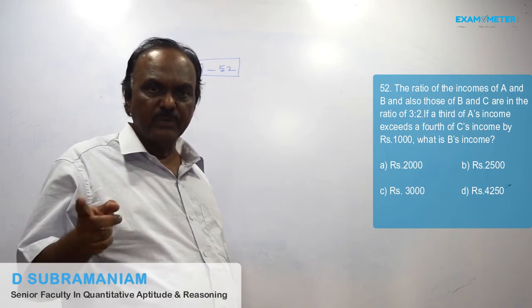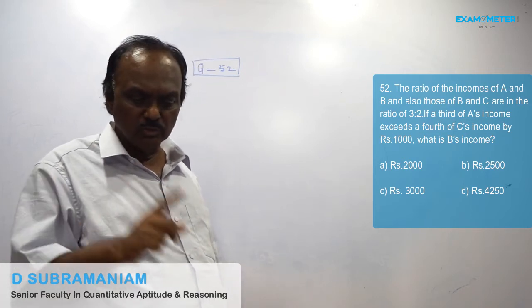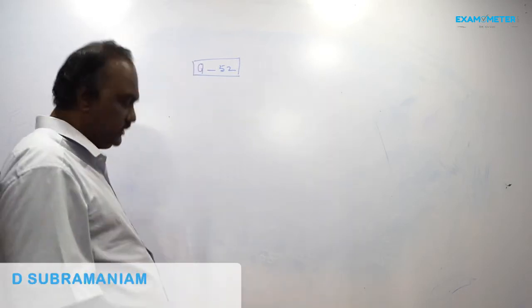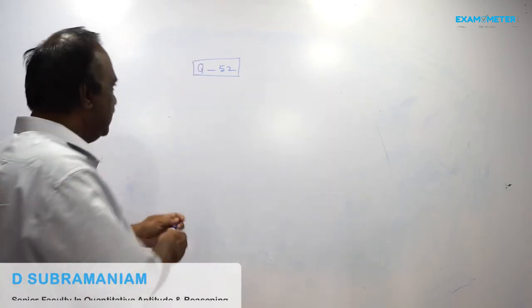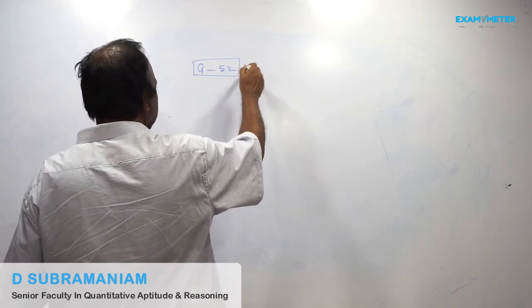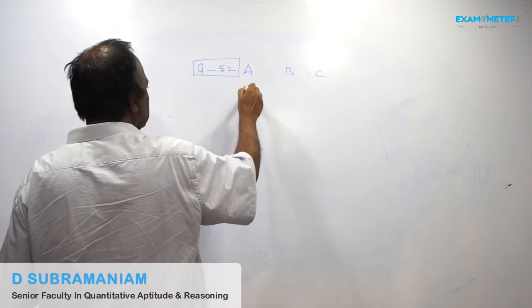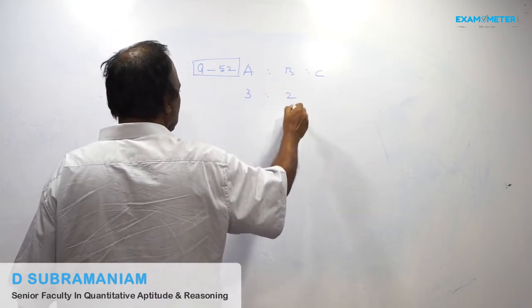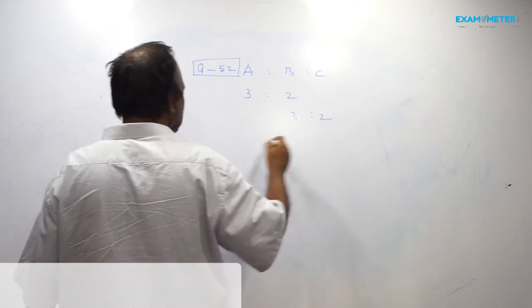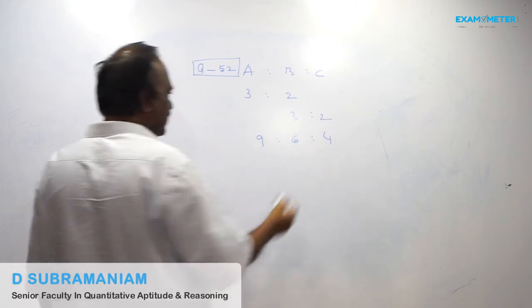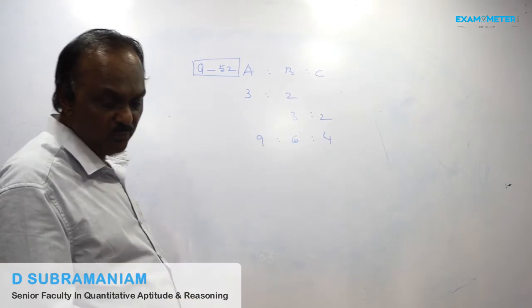So 3 persons are there, A, B, C. A is to B is 3:2. B is to C is also 3:2. This is 9:6:4.